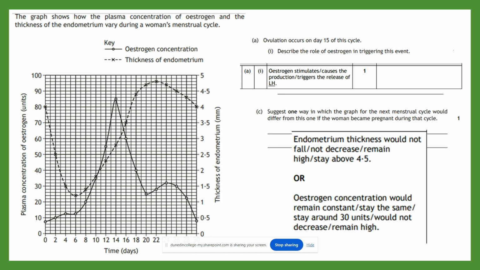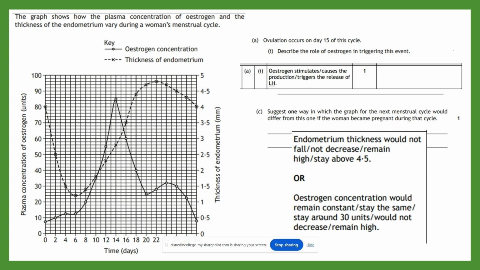As long as you get to the idea that the endometrium either doesn't decrease or is maintained. Normally at the end of a menstrual cycle, without the hormones, the endometrium would be broken down. But if pregnancy does take place, the progesterone levels remain high, the estrogen levels remain constant, and the endometrium is maintained.